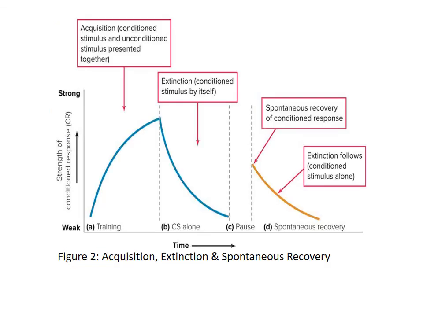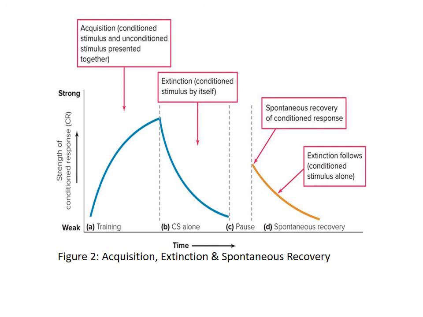This slide shows a really nice graph of acquisition, extinction, and spontaneous recovery. The first portion of the graph shows a steep line. This is the acquisition period, or the training period, where the conditioned stimulus and unconditioned stimulus are presented together in order to get our conditioned response.